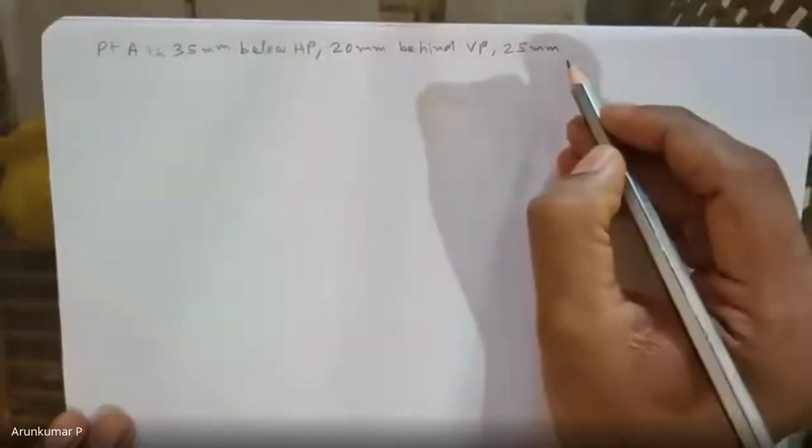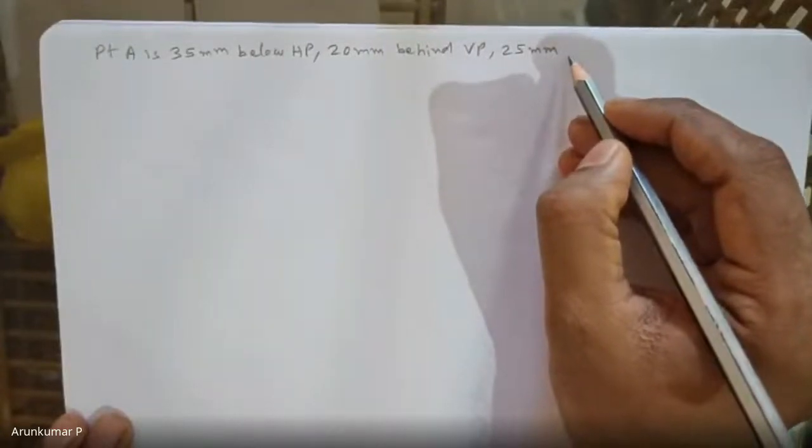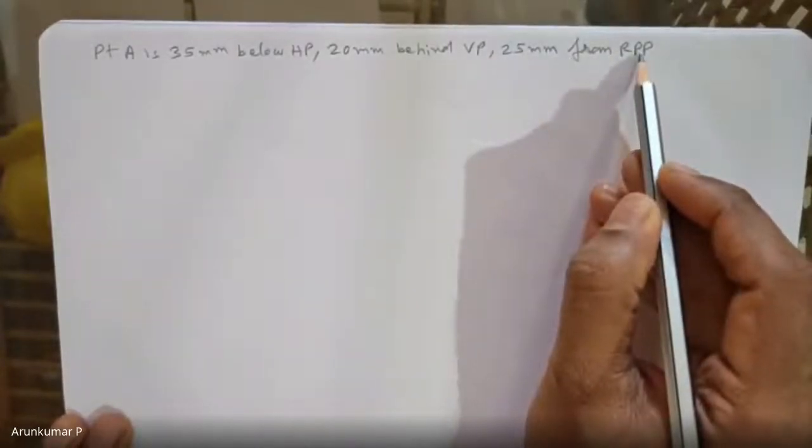So write it a little below. It's not visible, I'll take it down. Now is it visible? Yes, sir. From RPP. So 25 mm from the right profile plane.